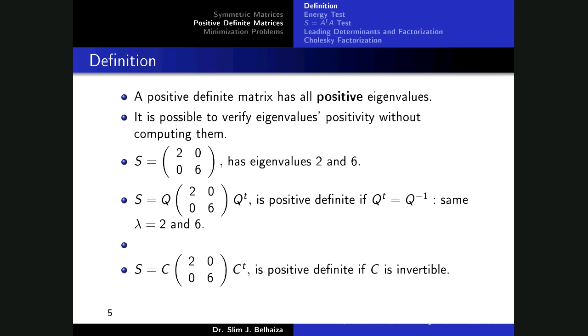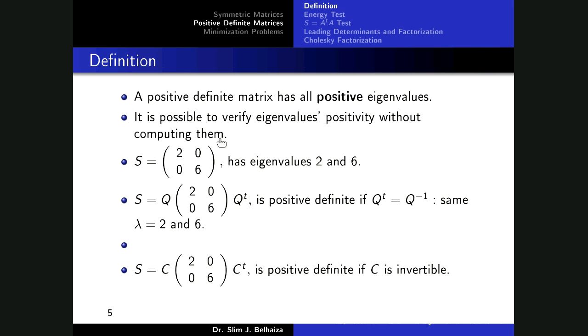But let's briefly talk about these matrices. So what is a positive definite matrix? In fact, it's a matrix that has all positive eigenvalues. And it is possible to verify that the eigenvalues are positive without even computing them, which is much more interesting.